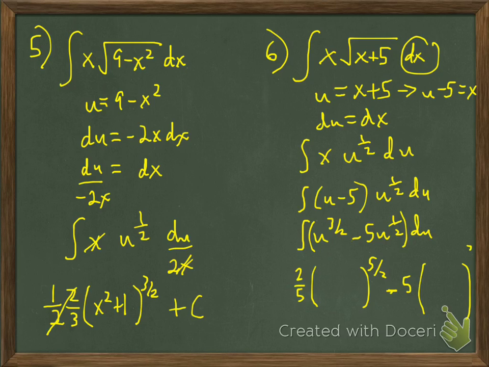This is 3/2 times 2/3. So when you do your final substitution, 2/5 (x plus 5) to the 5/2 minus 10/3 (x plus 5) to the 3/2 plus c.